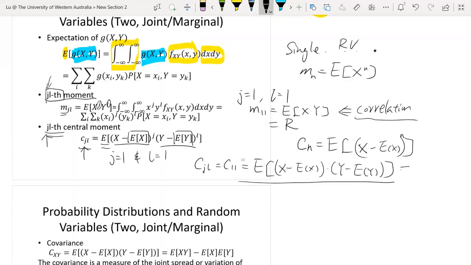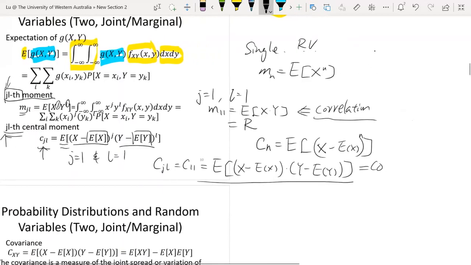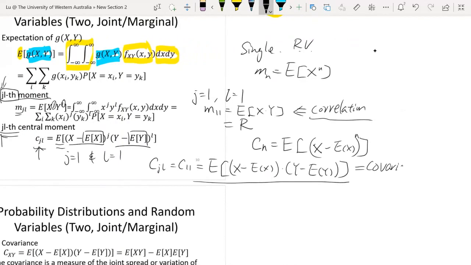We call this the covariance. Normally we use capital C or COV to denote it. In the next page, we are going to keep discussing this concept. But please remember, the covariance is a very special case of the central moment, that means J equals 1 and L equals 1.